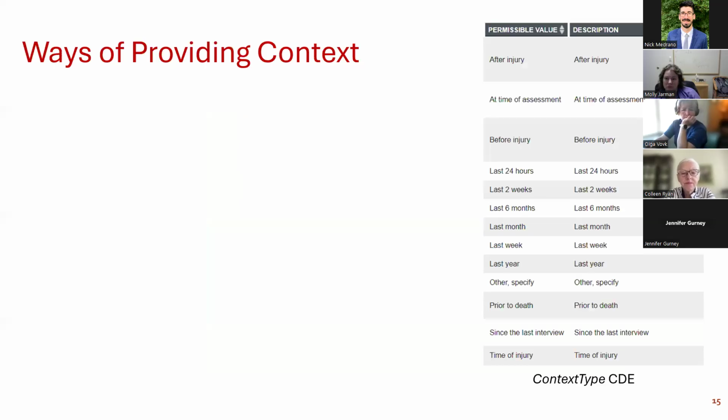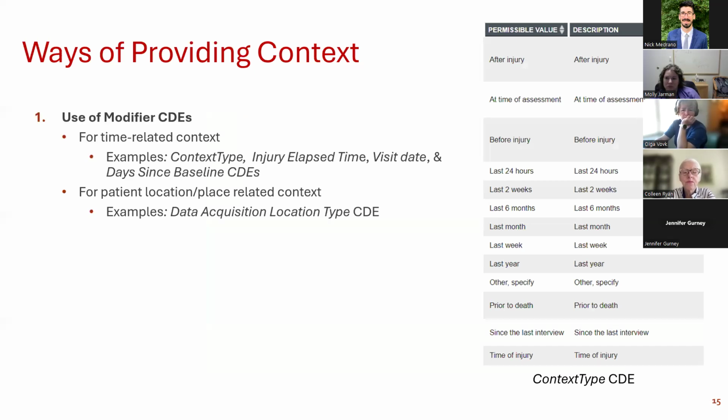And please, Olga, jump in at any point, because you're the expert on all this stuff. So, ways of providing context. The first way is by using some type of modifier. On the right-hand side is a CDE that exists that would be paired with, for example, education level.